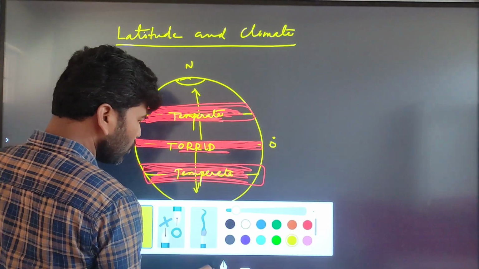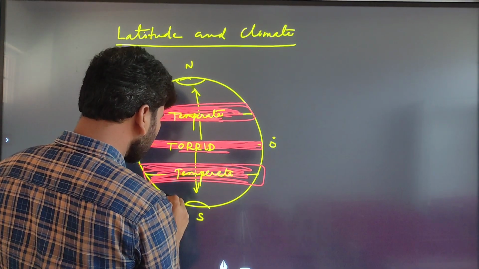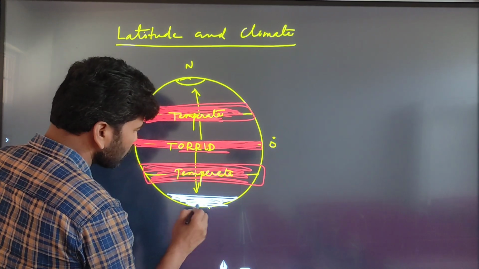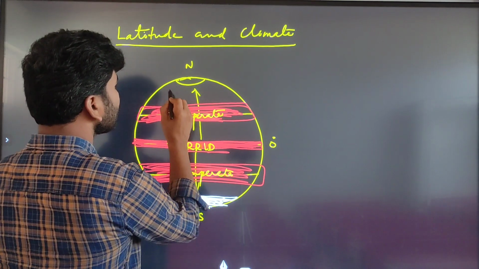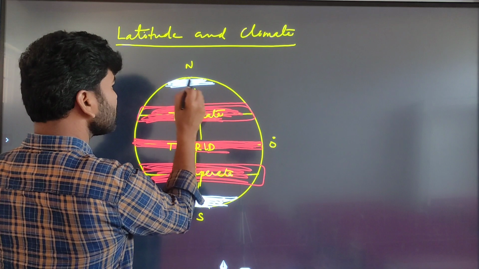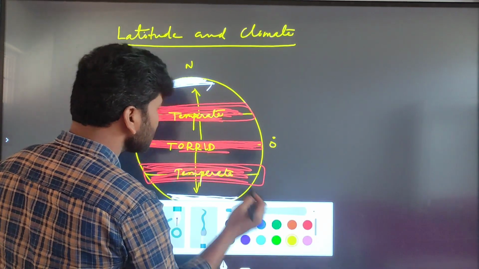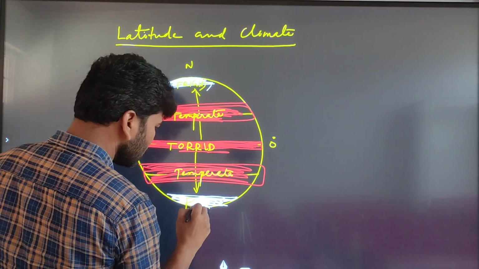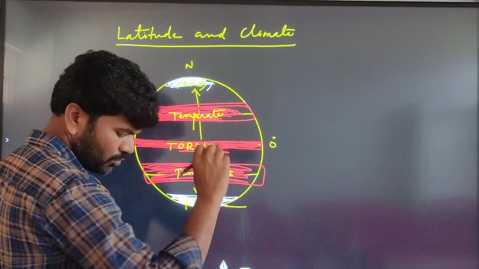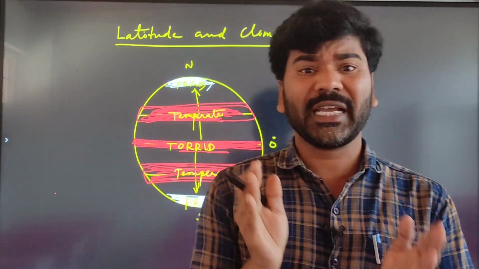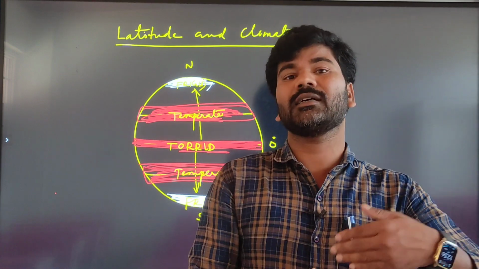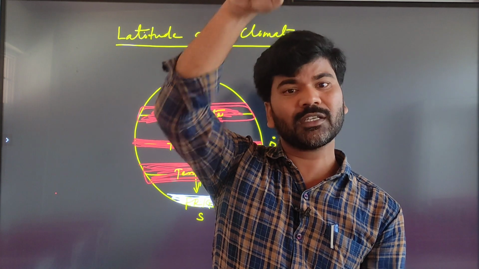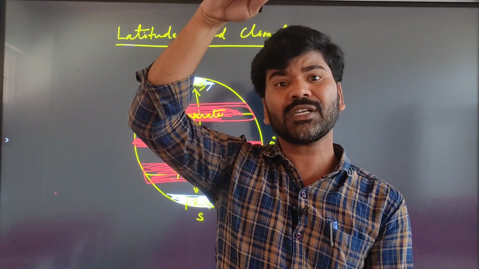Right? Very close to the polar areas, this zone is called the frigid zone. So there is a connection between latitudes and climate. Moving away from the equator towards the poles, the temperature decreases.